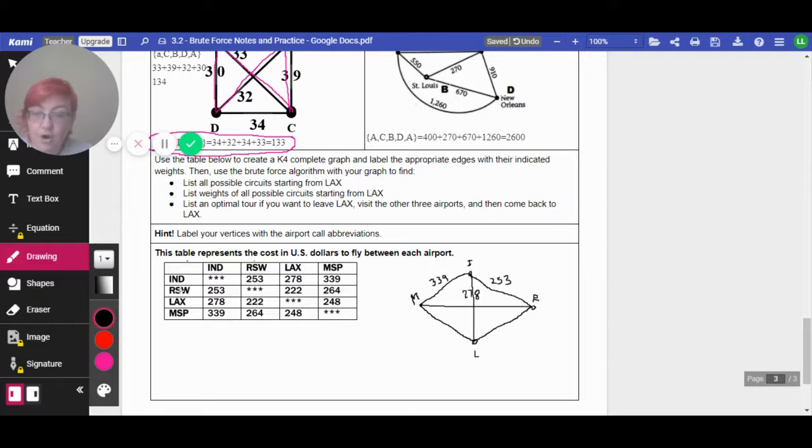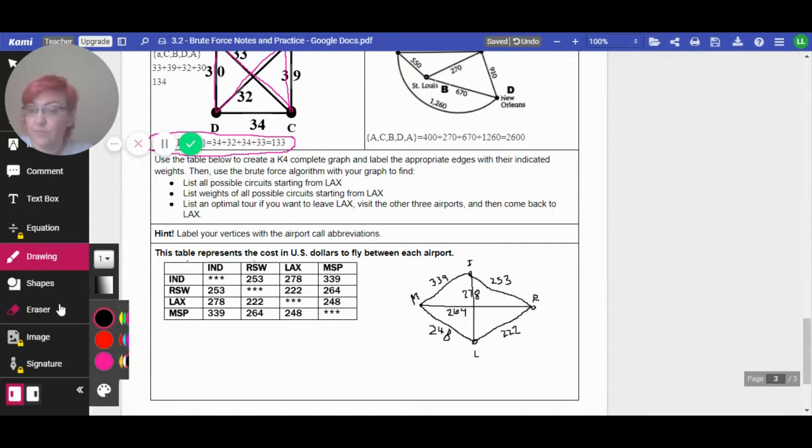All right, from RSW, we've already gone to Indianapolis, to LAX is 222. And to MSP is 264. From LAX, I've already gone to Indianapolis and RSW, but to MSP is 248. And now you see I have all of the weights attached to the edges of my graph.